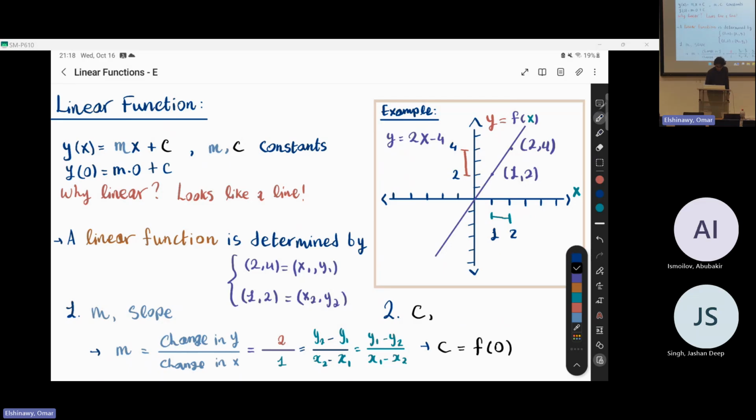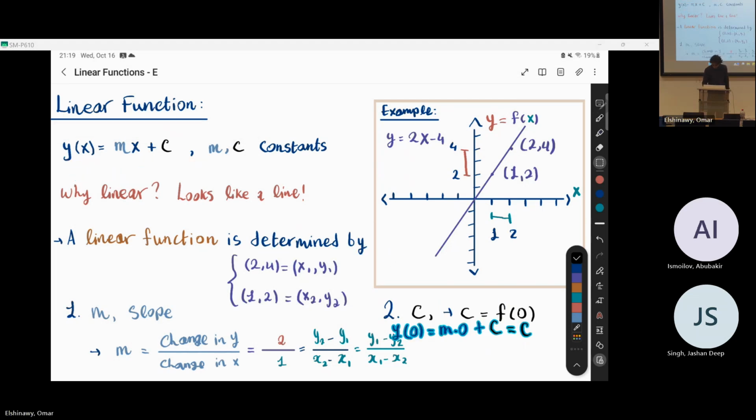So it is equal to c. And that's what's so nice about it. It's a very nice and short proof, I would say. So f of x and y are used interchangeably. I hope that doesn't cause you any confusion.